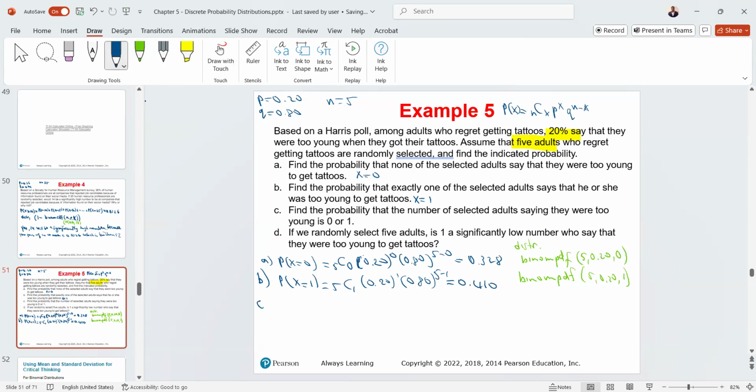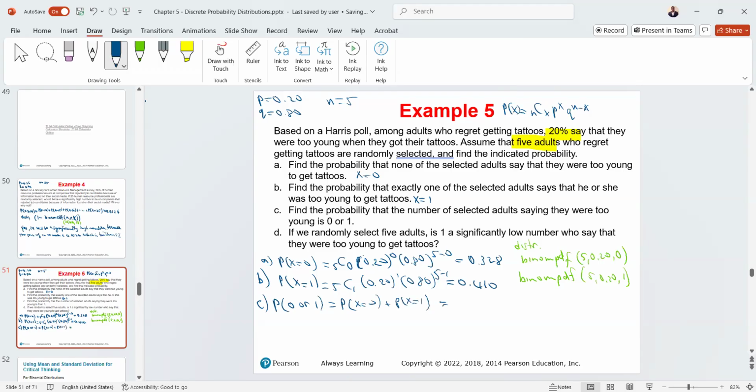Now, let's go with C as in cat. Find the probability that the number of selected adults saying they were too young is 0 or 1. So 0 or 1, remember, it's not 0 and 1. 0 or 1 means the addition of probability that X is equal to 0 plus probability that X is equal to 1.